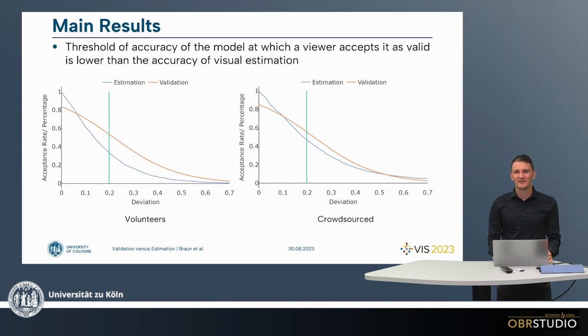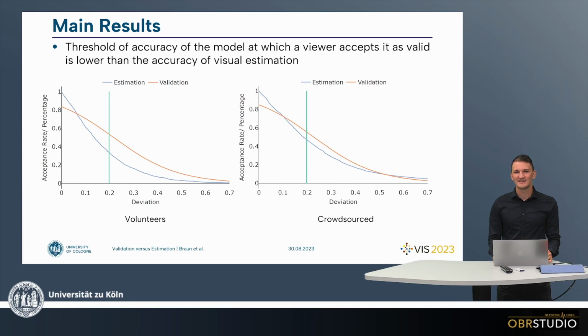At first, the threshold of accuracy of a model at which a viewer accepts it as valid is lower than the accuracy of visual estimation. This can be seen by comparing the cumulative distribution of the estimation errors with the acceptance rates of the validated lines.